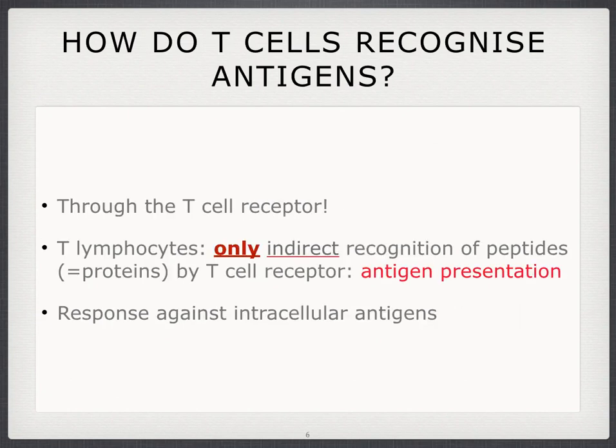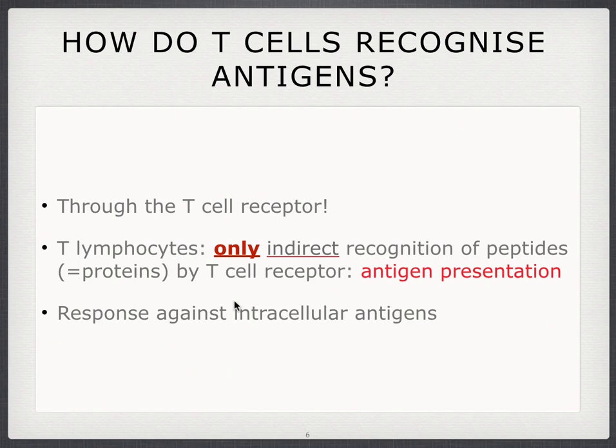T cells have a slightly different way of recognizing antigen. They recognize through the T cell receptor, which is not an antibody. And T cells can only indirectly recognize antigens. And these antigens consist only of proteins, and in particular peptides, so parts of proteins. And T cells can only recognize these peptides when they're presented to them.